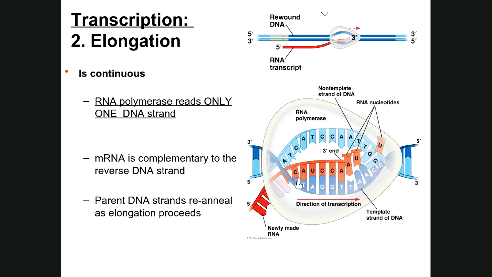So notice when RNA polymerase is synthesizing mRNA, it's reading the bases specifically in the reverse parent strand. And wherever it sees the base thymine in one of the DNA nucleotides that forms the parent reverse strand, RNA polymerase will grab an RNA nucleotide with the base adenine because adenine complements thymine.